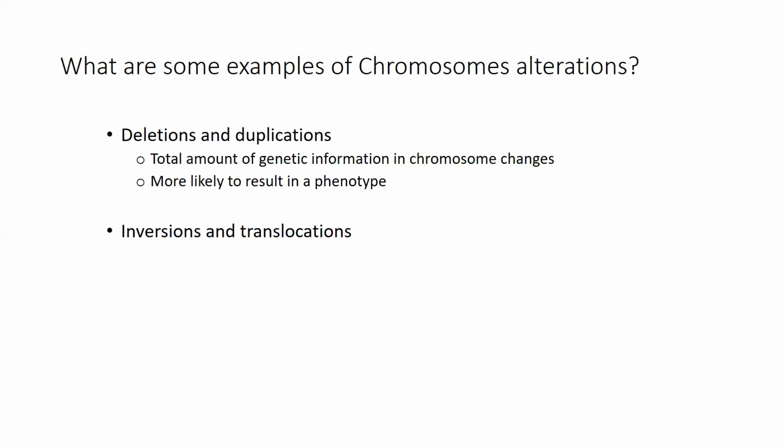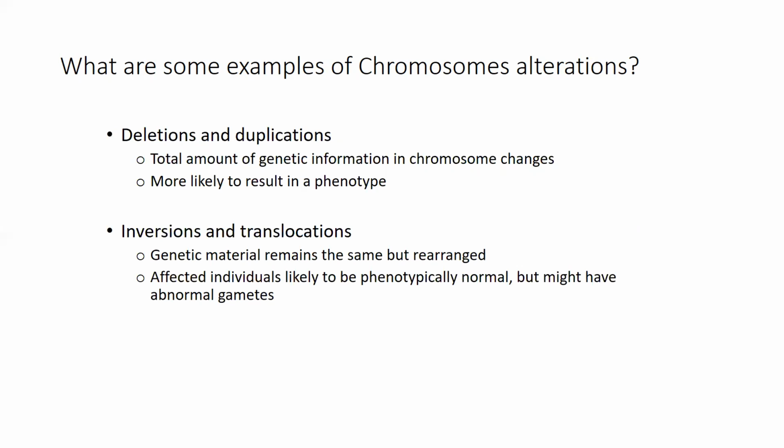The next set we have is inversions and translocations. The amount of genetic material itself is the same but rearranged from the regular setting. So the affected individuals in this case will likely be phenotypically normal and might have abnormal gametes, okay?